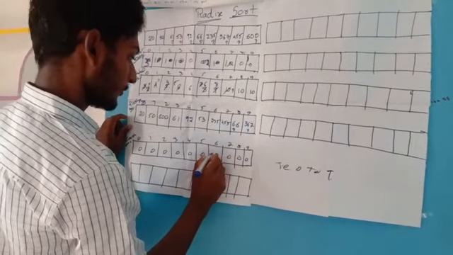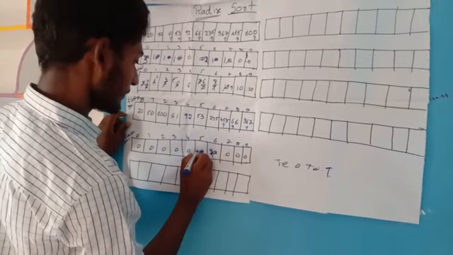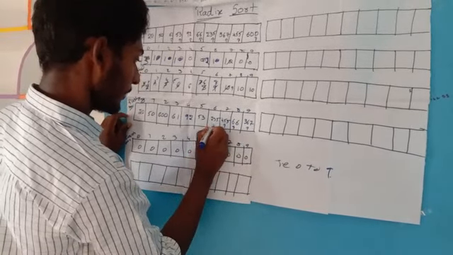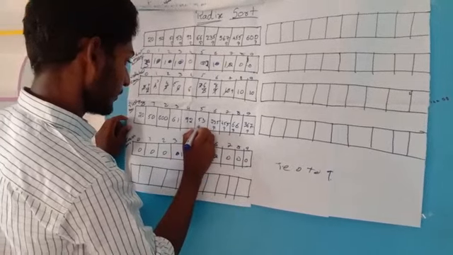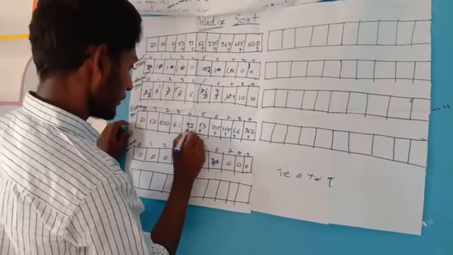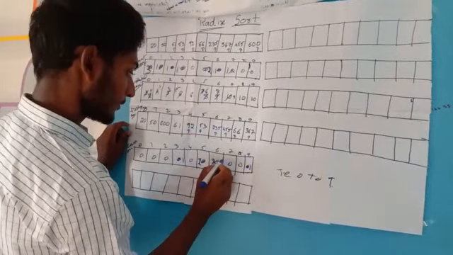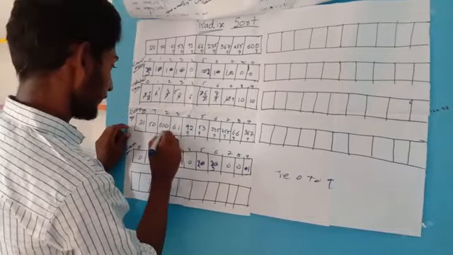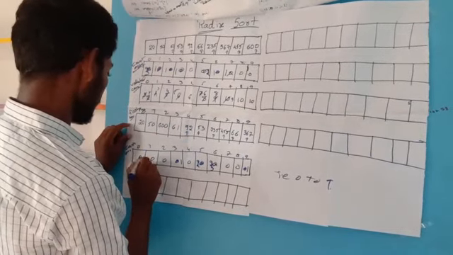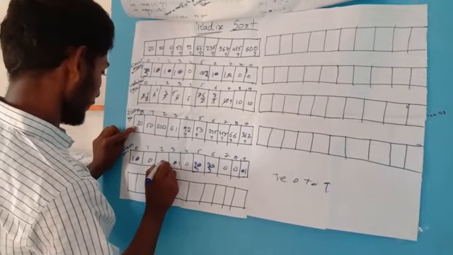Here again 6, again increase. Here 5, we have to increase. Here 3, we have to increase. Here 5, we increase it again. Here 9, we have to increase this. Here 6, we increase it again. Here 0, we increase it. Here 5, we increase this. Here 2, we increase 2.